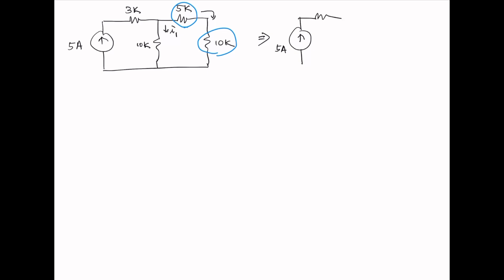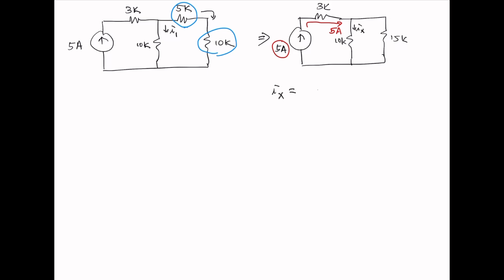We have 3K, we have 10K, and we have 15K. Now, this 5mA current is going to go through here. This 5mA current is going to be distributed in 10K and 15K, and they are parallel.